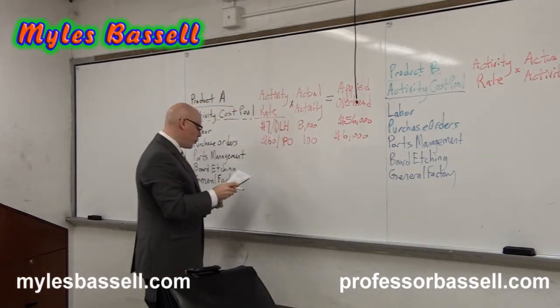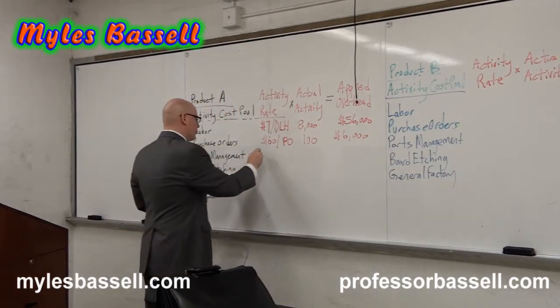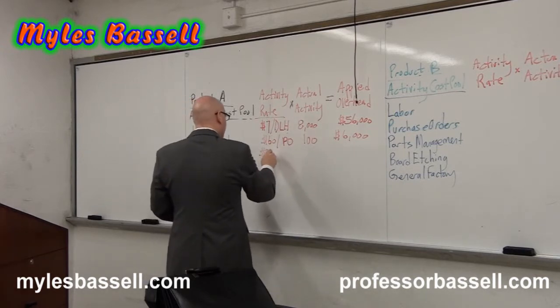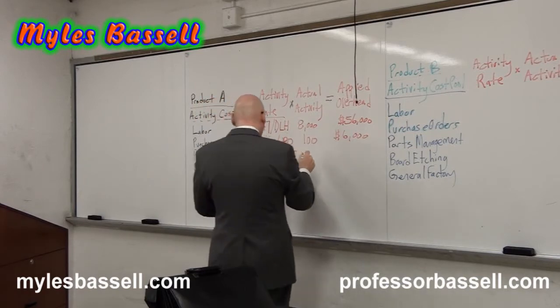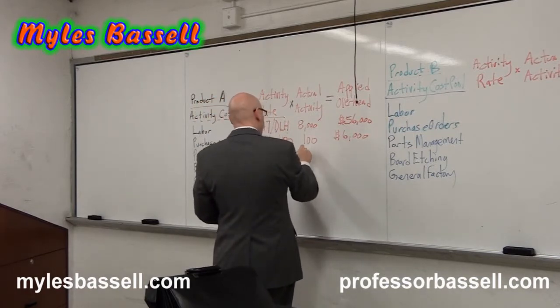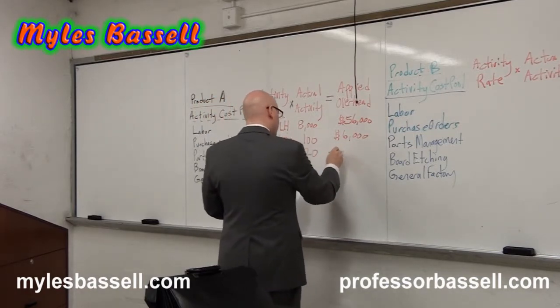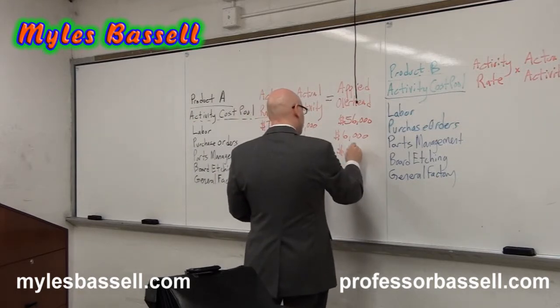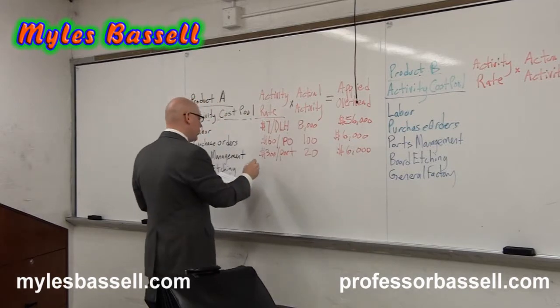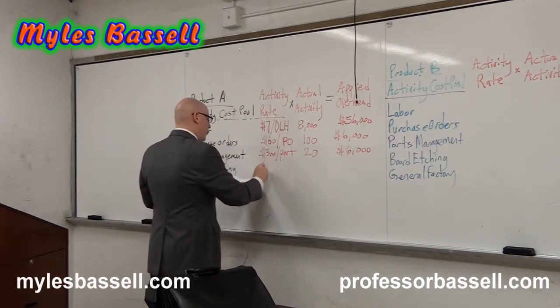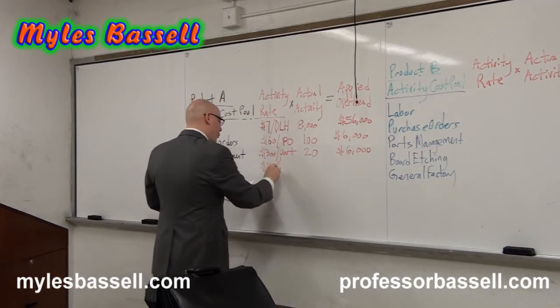All right. What's the activity rate for parts management? $300 per part. How many? 20 parts, right? Which gives us, okay, that's the applied overhead. And then for board etching, 180 per board.